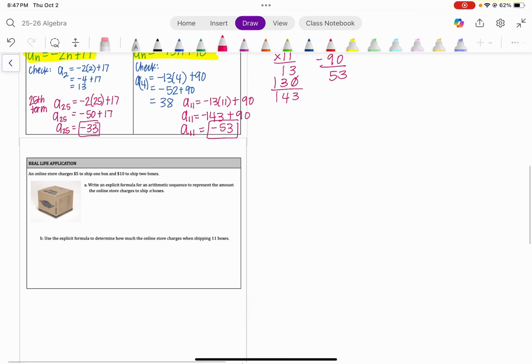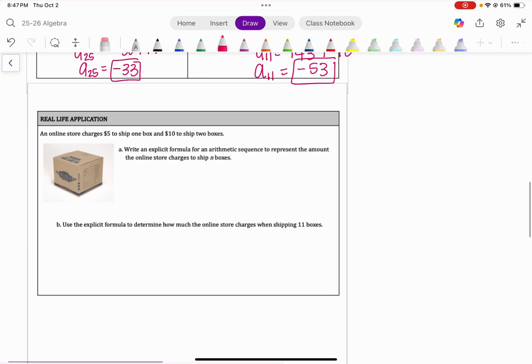Our last example says an online store charges $5 to ship 1 box, $10 to ship 2 boxes. So I can tell 1 box is 5, 2 boxes is 10, 3 boxes would be, and we can show it this way. I can make a table.